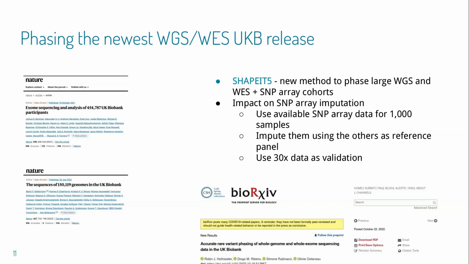So we can phase the full high coverage whole genome sequencing data, extract, for example, 1,000 samples, impute them from the SNP array data using the other samples as a reference panel, and then use the 30x data for these 1,000 samples as a validation. So we are really able to benchmark how good our haplotypes are using genotype imputation as a procedure to evaluate them, as we don't have many trios in the UK Biobank.